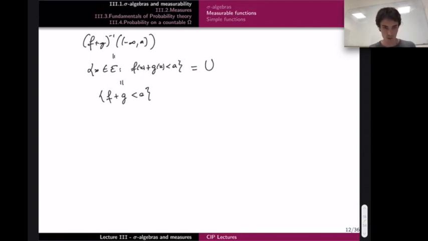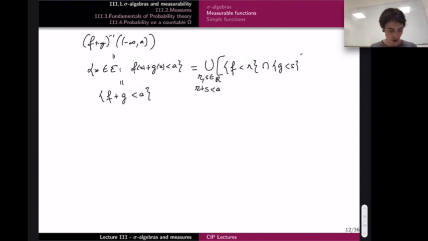So what I will try to do is to write something like that: the union for all r and s in R, say, first, where r + s is smaller than a, of these events, {f < r}, and, so 'and' becomes an intersection, {g < s}.